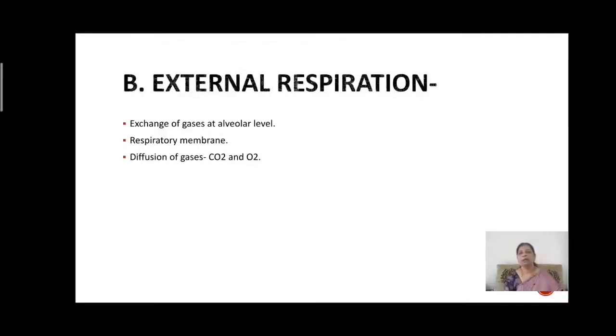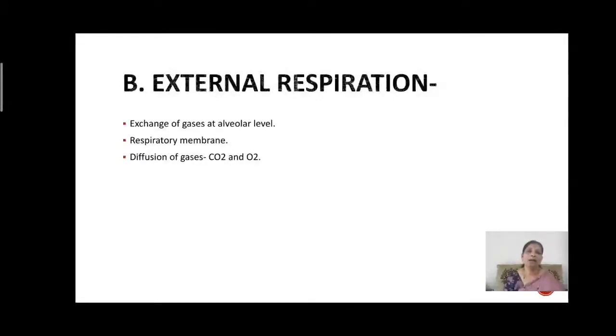Then the partial pressure of oxygen in the blood of pulmonary capillaries is 40 mm Hg, and the partial pressure of oxygen in the alveolus is 104 mm Hg.